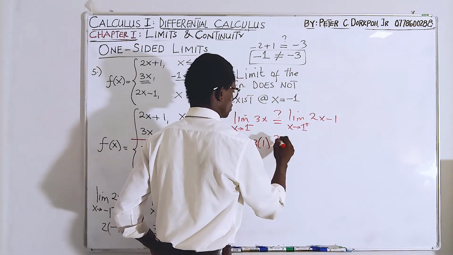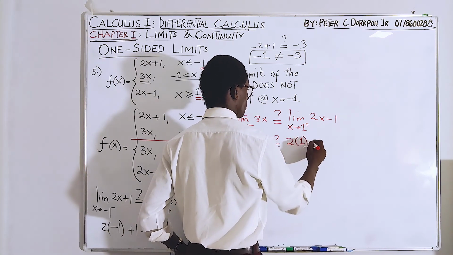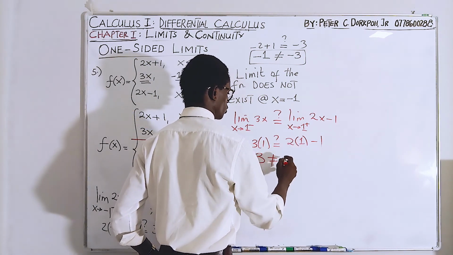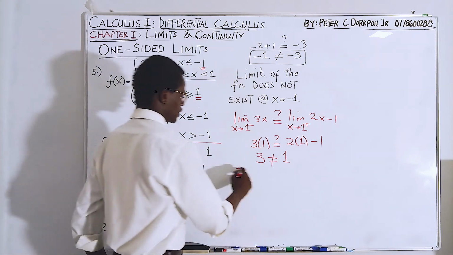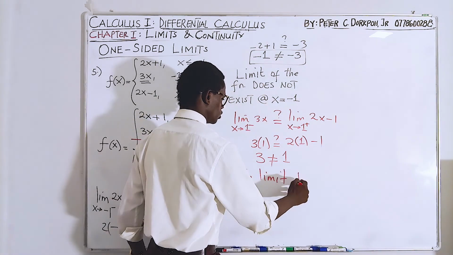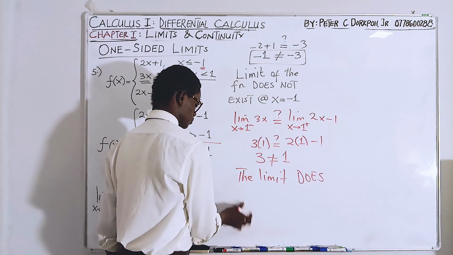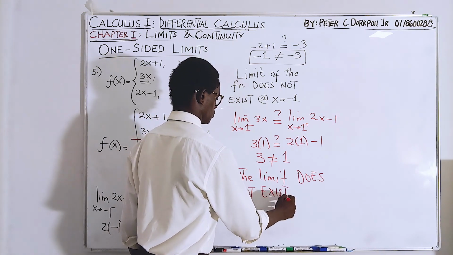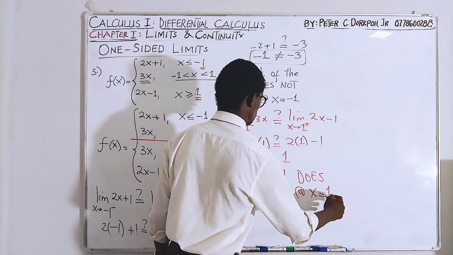This is 2x, which is now 2 times 1 minus 1. So this 3 is not equal to 1, because 2 minus 1 is 1. So we say the limit does not exist at x equals positive 1.